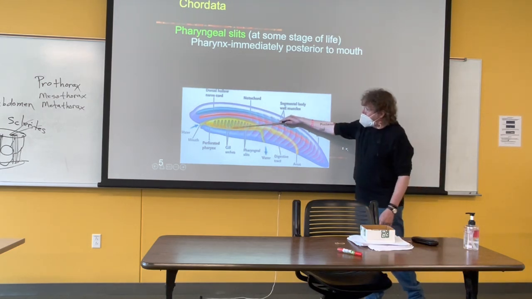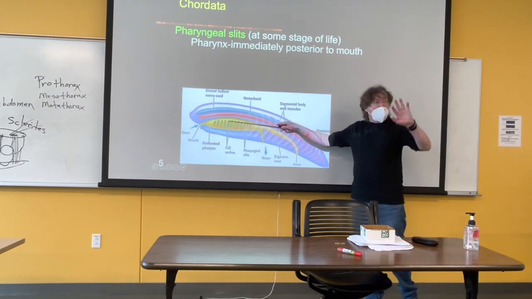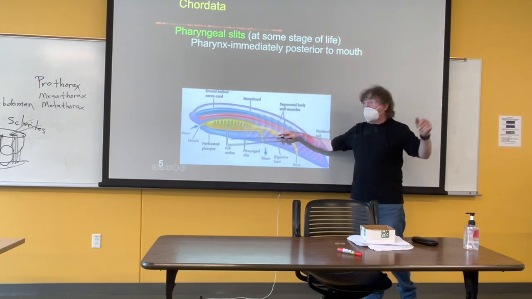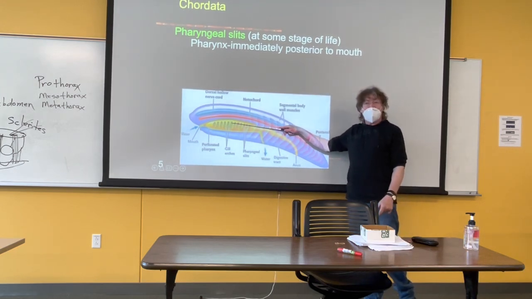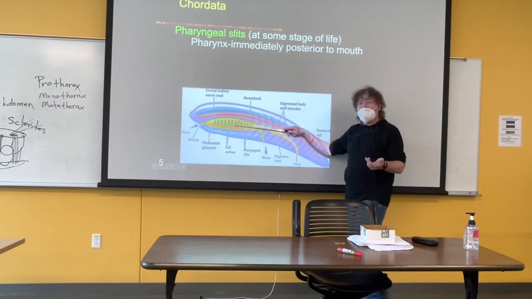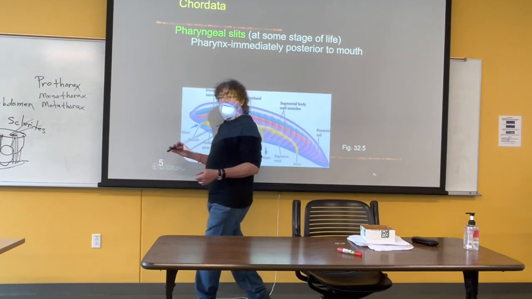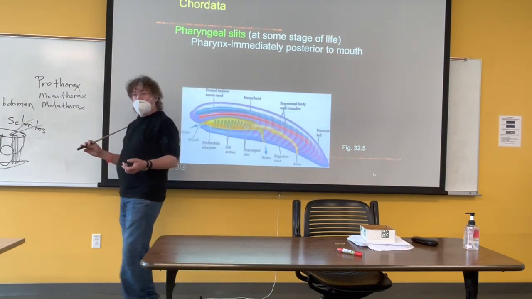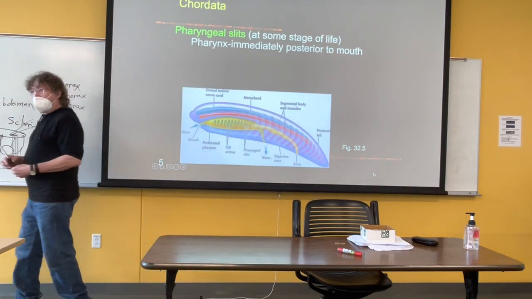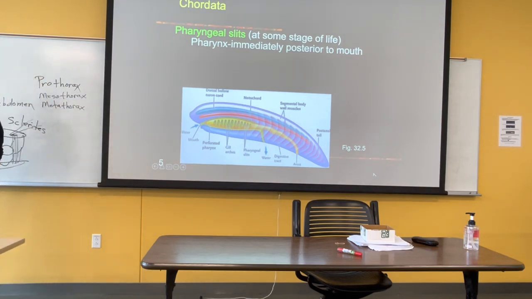These pharyngeal slits in later, bigger chordates serve not only for filter feeding, but also for gas exchange. It's from these that the gills develop in a fish. We have them as an embryo, but they disappear.